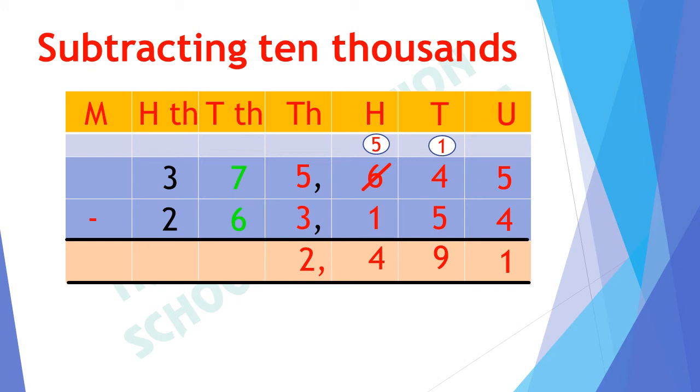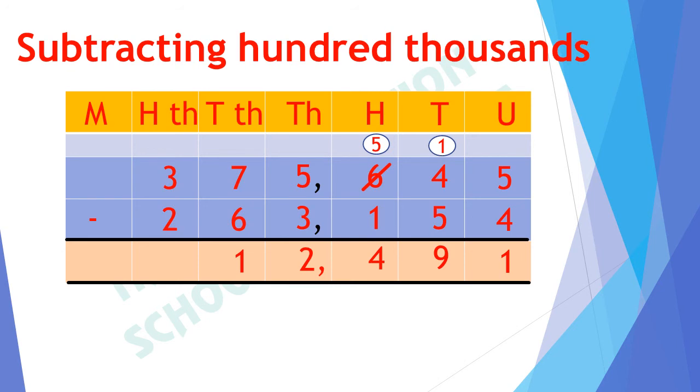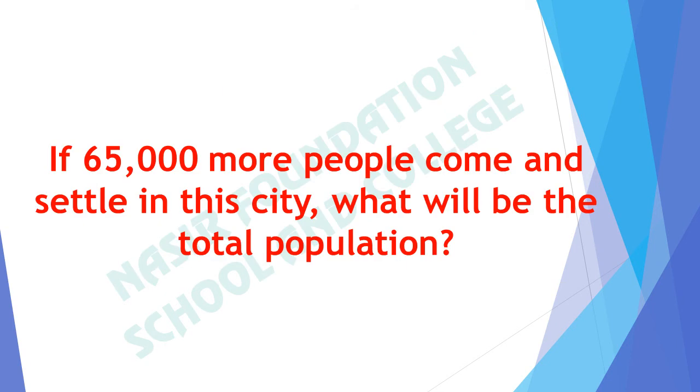If we subtract 6 out of 7, we are left with 1. Now we will move towards 100,000s. In 100,000s there is 2. We have to take away 200,000 out of 300,000 and here we are left with 100,000. The difference of population of town B and C is 112,491.